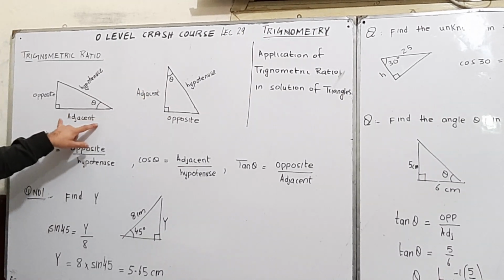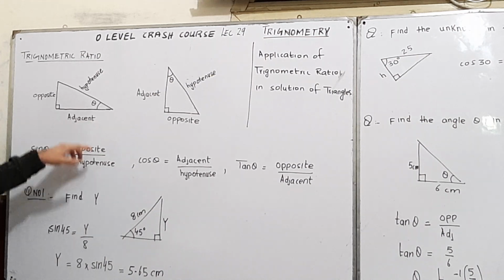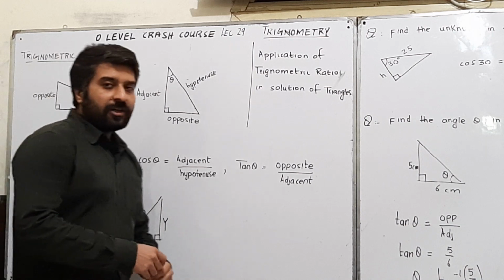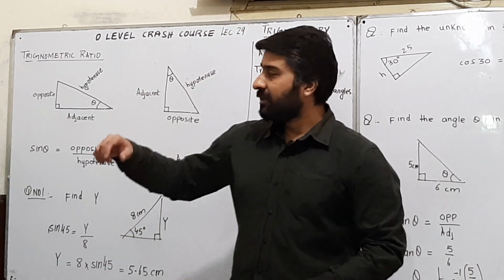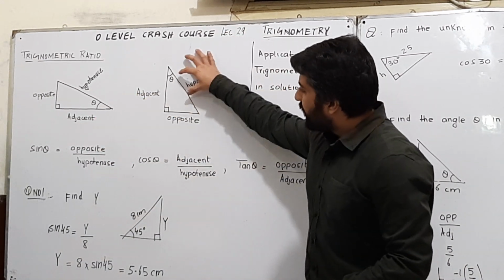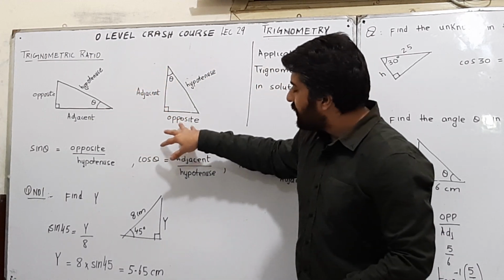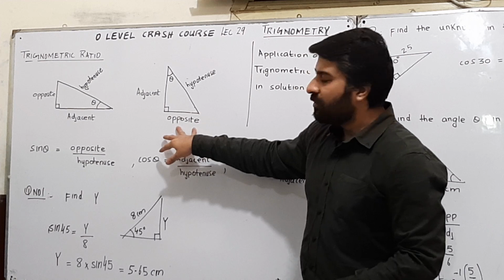Same will be the case over here. The point to be noted is that if you change the placement of your angle theta, then your opposite side is going to change.